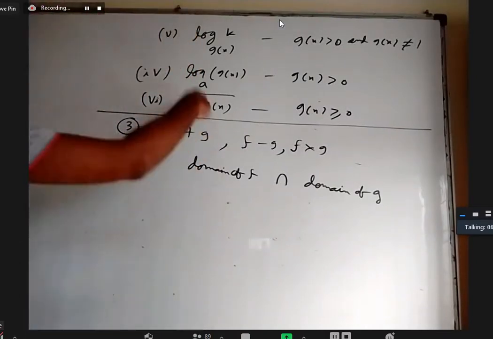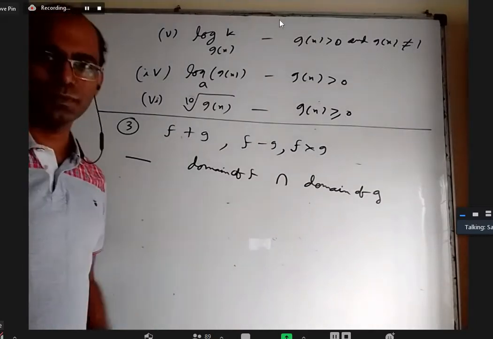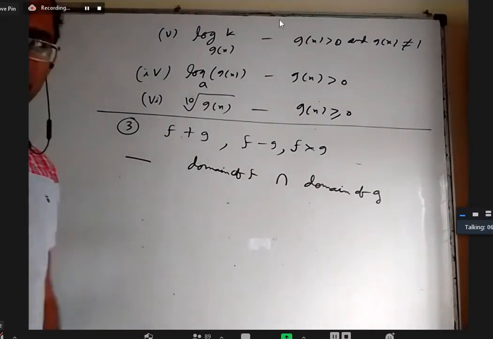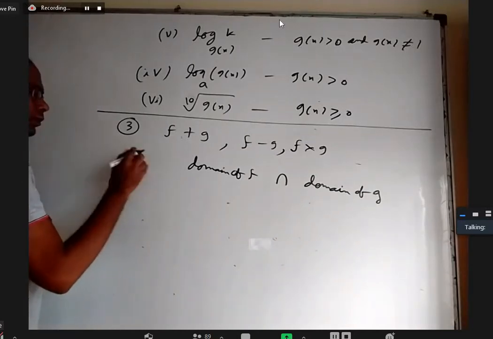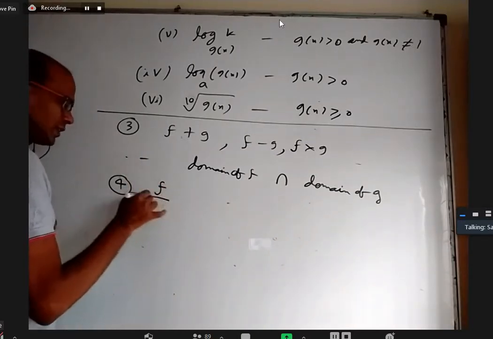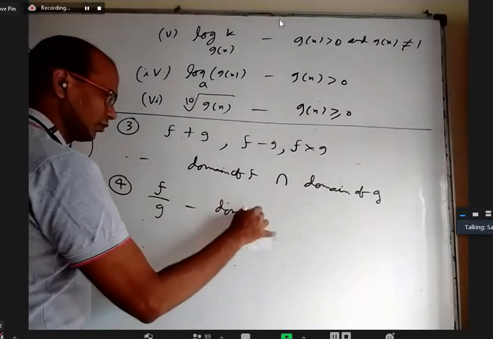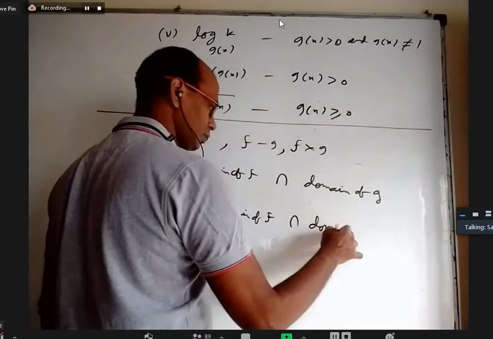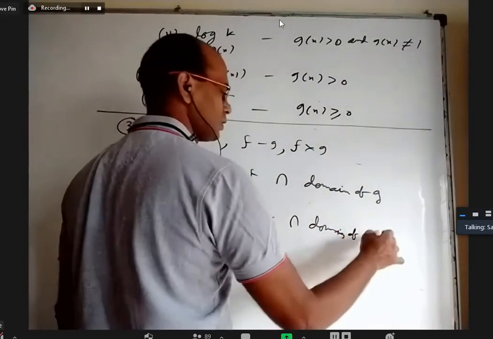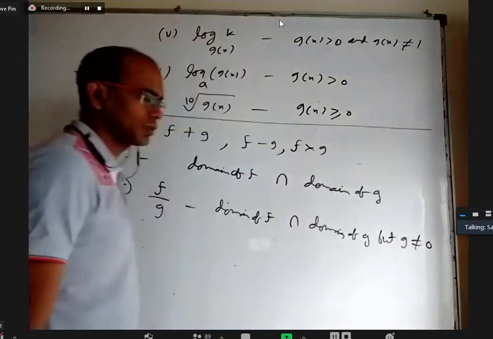Sir, what about divide, sir? Division I'm going to tell, because g should not be 0. Okay, yes. f by g is also the same. That is the domain of f intersection the domain of g, but g of x should not be 0.